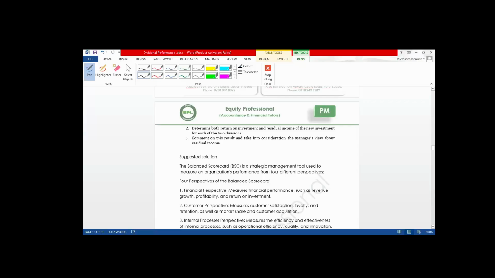You are trying to invest your money in a business. You are going to look at that company. What is the company's financial performance? Is the company generating enough revenue? Is the company profitable?